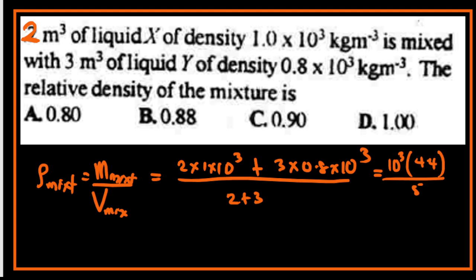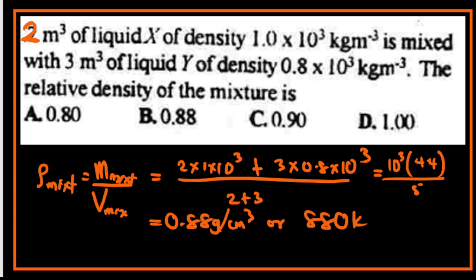So we have 4.4 divided by 5, that's 0.88. This is 0.88 gram per cm cube, or we have 880 kilogram per meter cube.